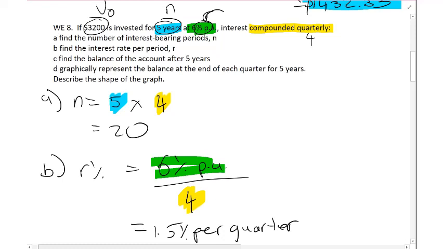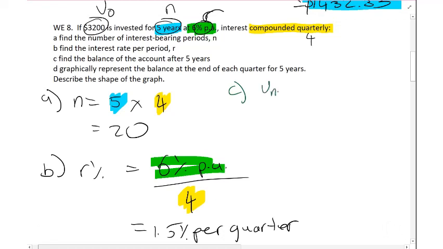Okay, so in this one, I'm going to write the formula first. I'm going to write it in a different color just so I don't confuse things too much.